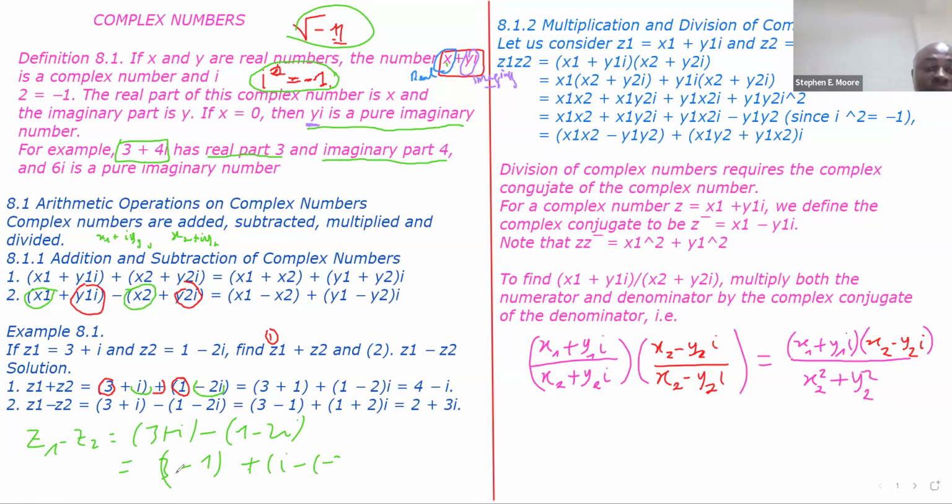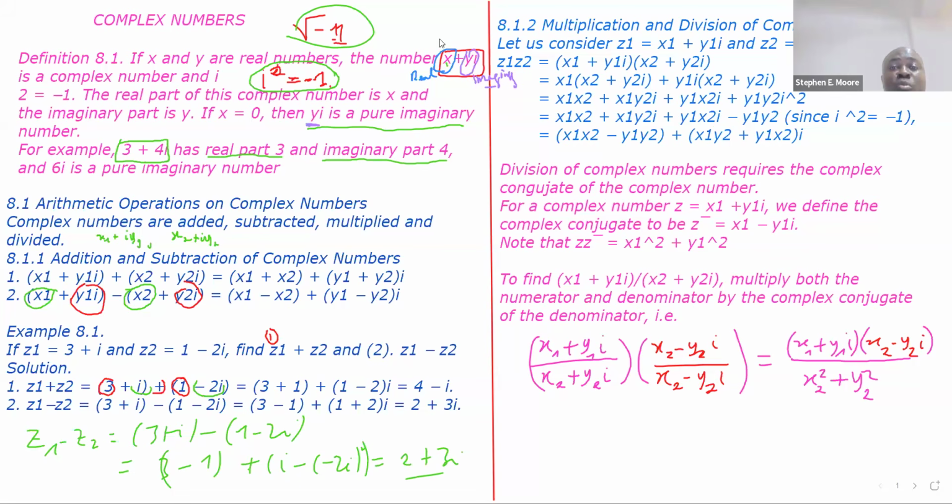And so in the end, you have 2 plus 3i. So this is how you do addition. You add the similar parts. You add the imaginary parts, you add the real parts separately. And this will give you another complex number.